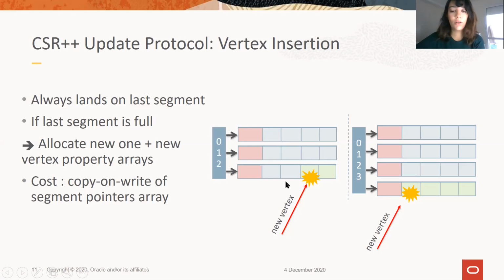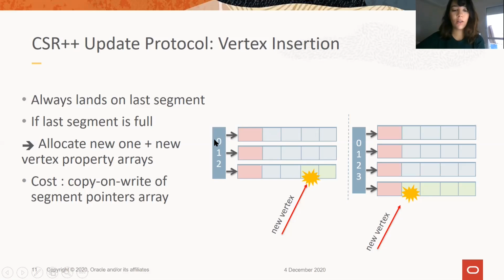The other case is if the last segment is full, we allocate a new segment and new vertex property arrays along with it. The way we keep track of those newly allocated segments is this indirection layer that we have here.